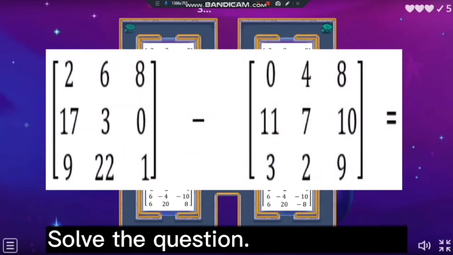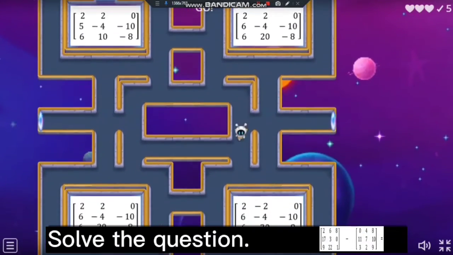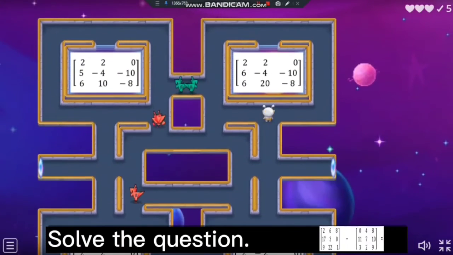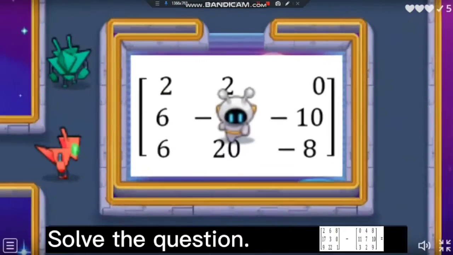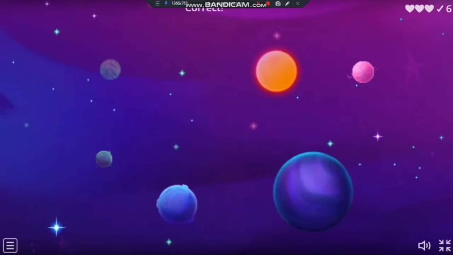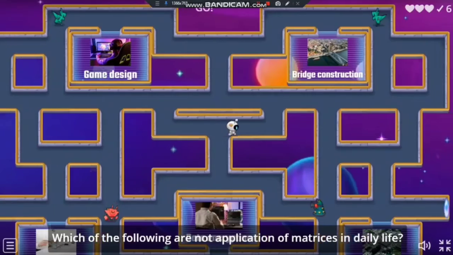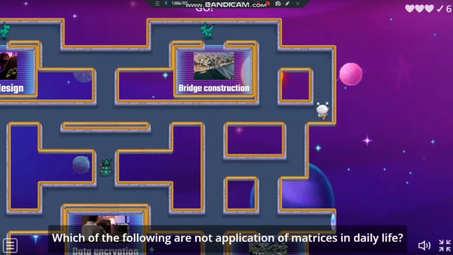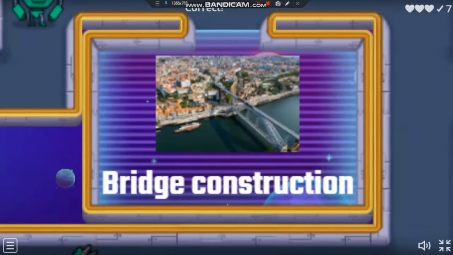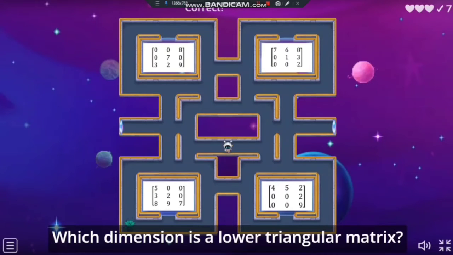Direct subtraction of matrix. The following are the application of matrices in daily life, except the construction of bridges. Which of the following is a lower triangular matrix?